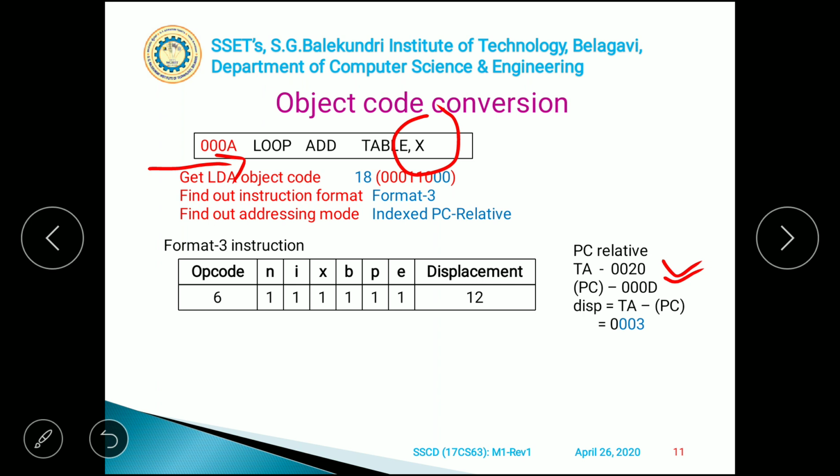Our formula is target address equals PC plus displacement, so to calculate the displacement, displacement equals TA minus PC. Now when you subtract, 20 minus D, you will get 13.